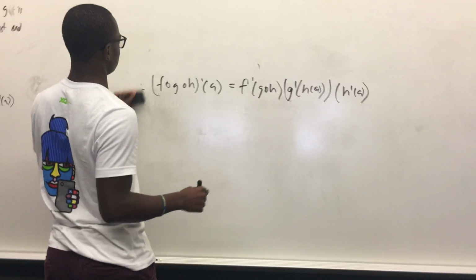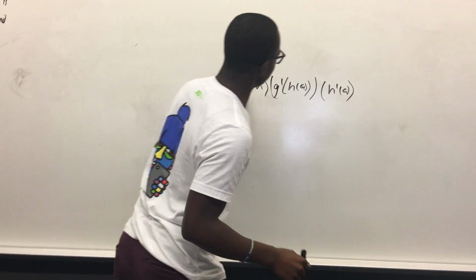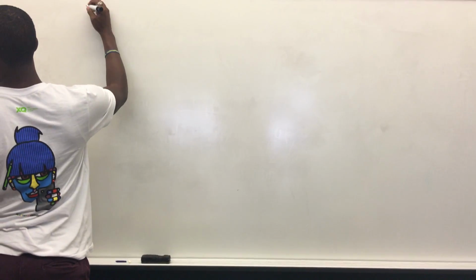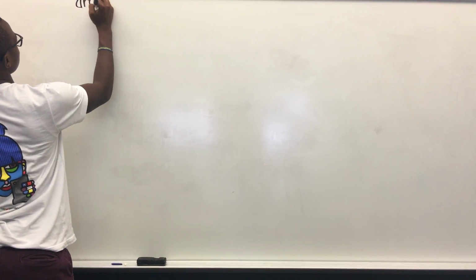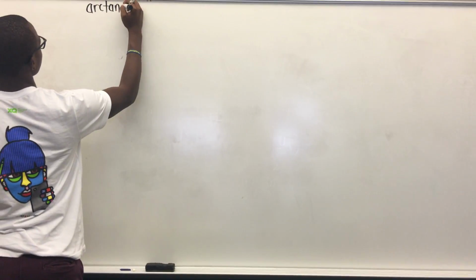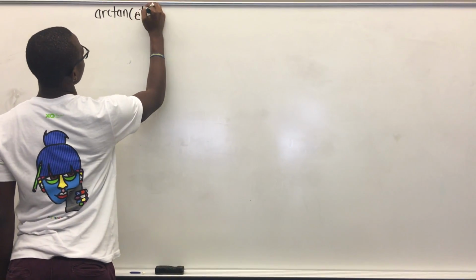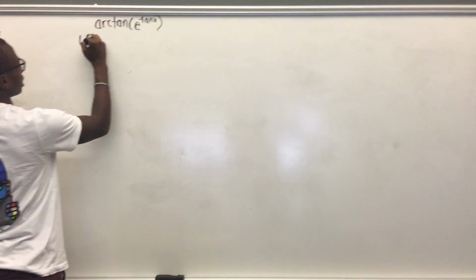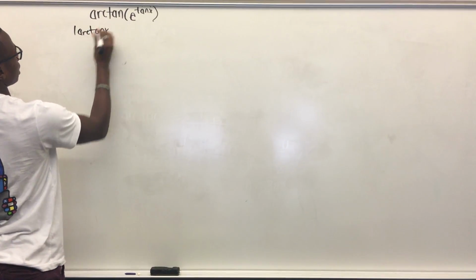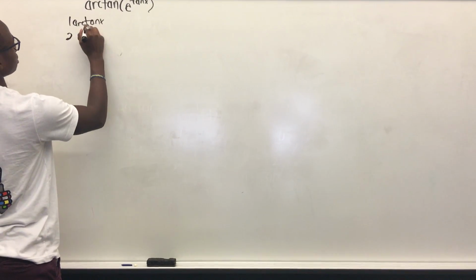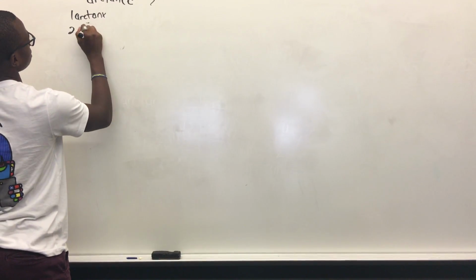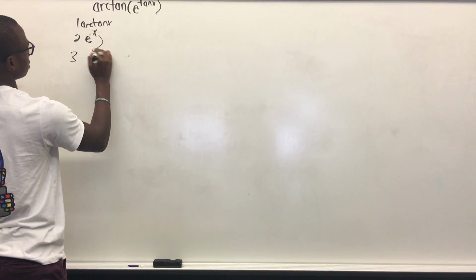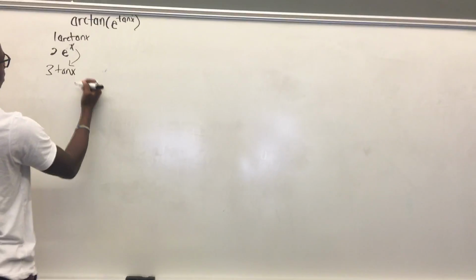I could find the derivative of three functions that are stacked onto each other. So, let's say the derivative of arctan of e to the tangent of x. The first function would be arctan of x, and then the next function would be e to the x, and then the third function would be this tangent of x.